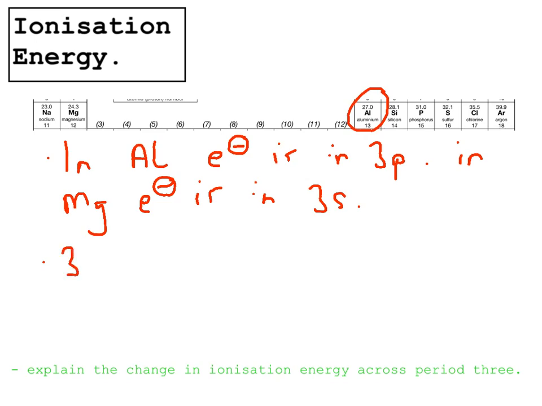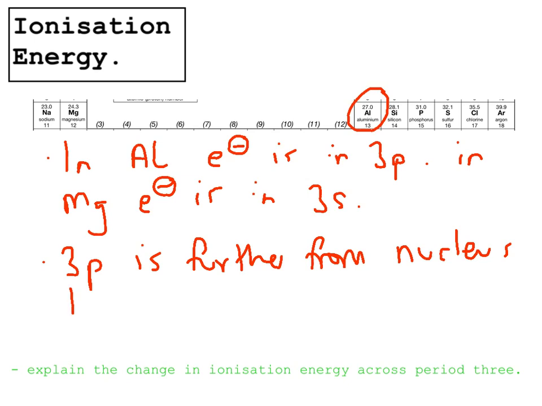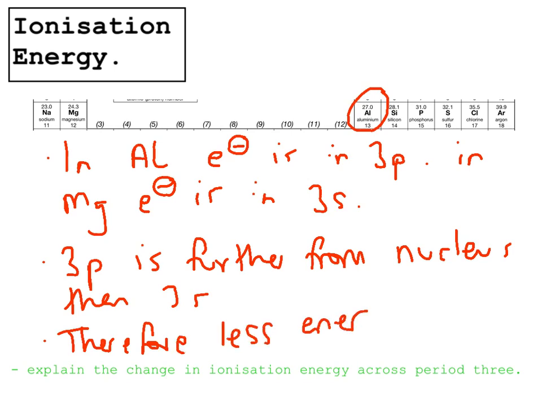You'd say 3p is further from the nucleus than 3s. Therefore, less energy needed to remove the electron.